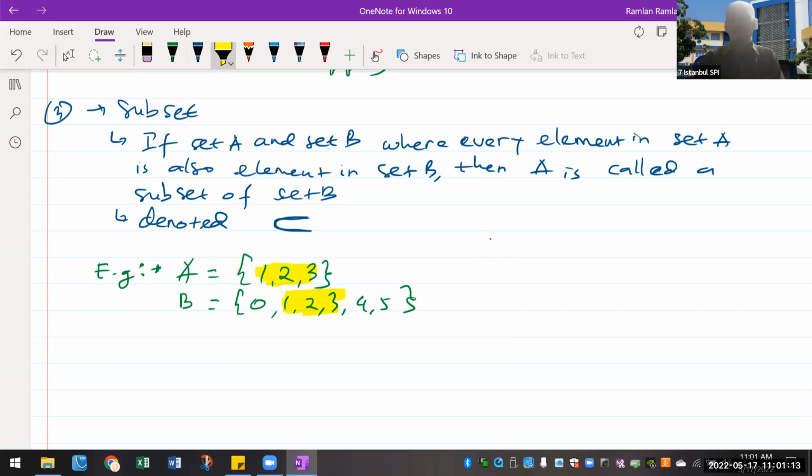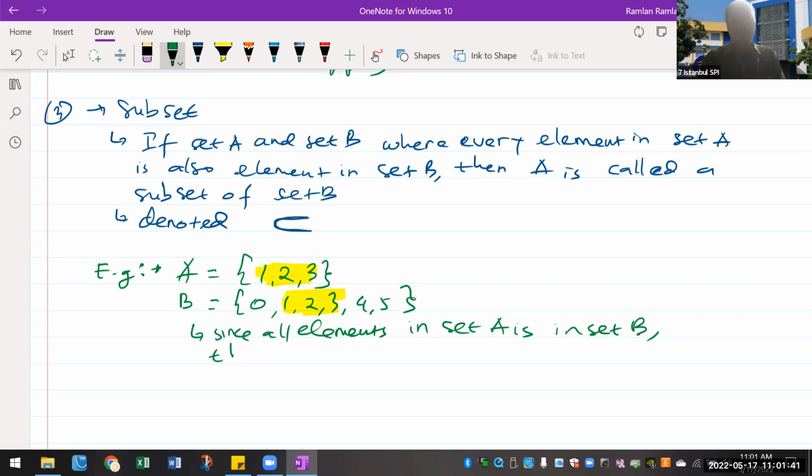So since all elements in set A are in set B, then set A is a subset of set B. You just make sure that all of the elements are in the other set.